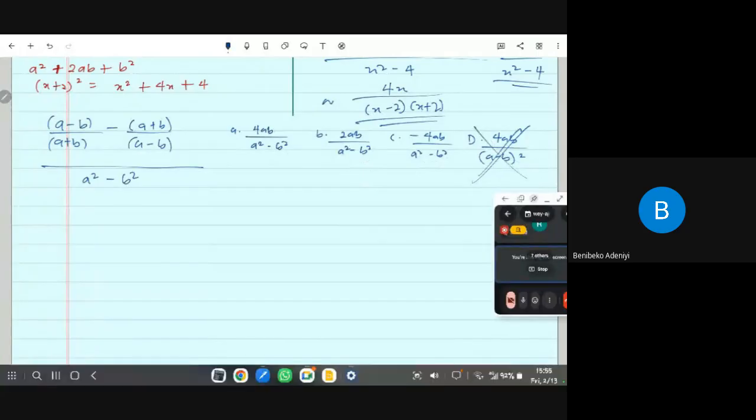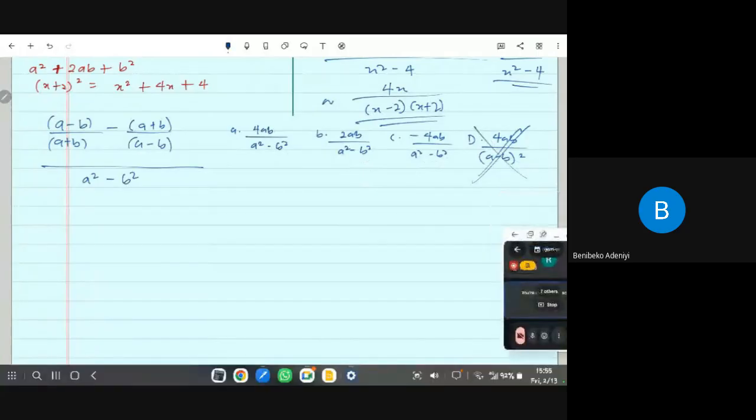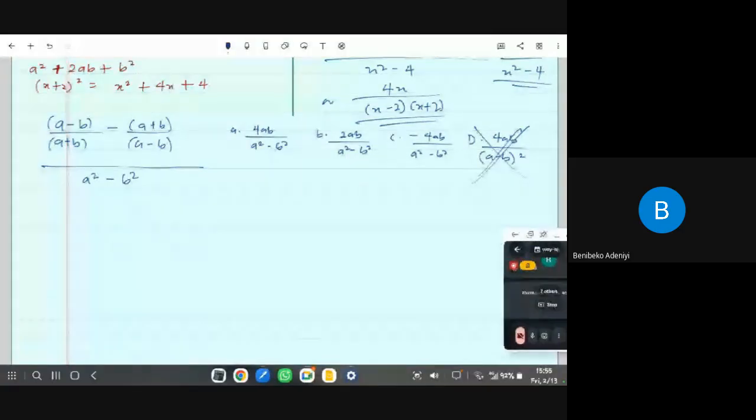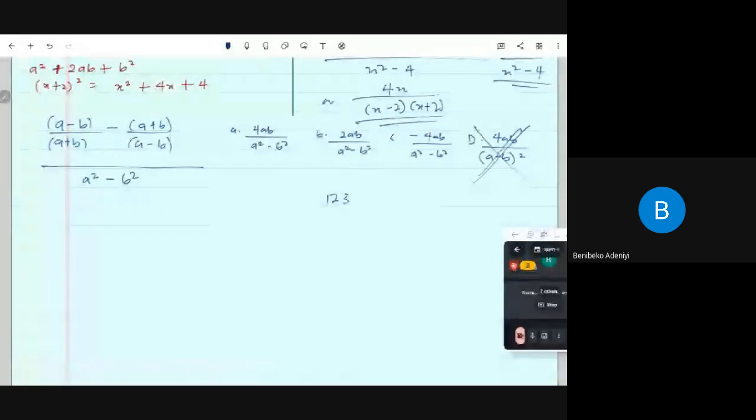I was solving a question for a GS3 boy today, just today. 2025 Ocean Bay. They gave a question: convert 123 base 10, the number in base 10.